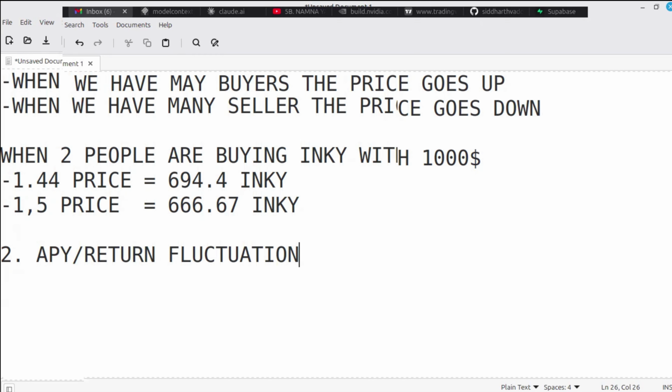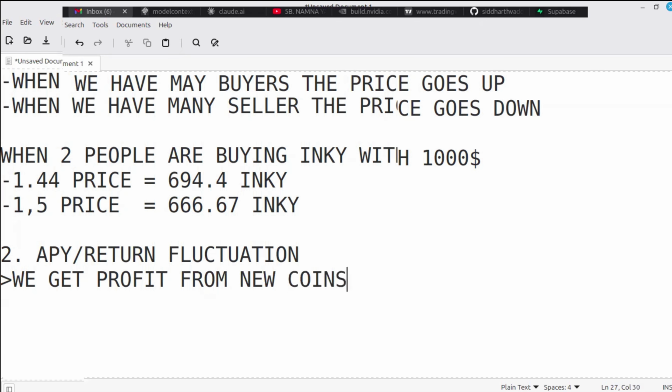So the first thing we have to clear out is that our profit comes from new coins.